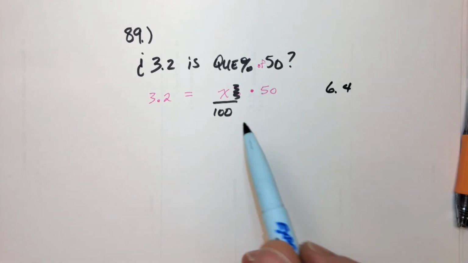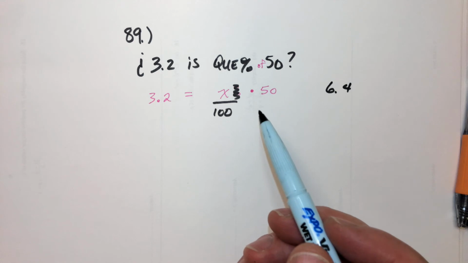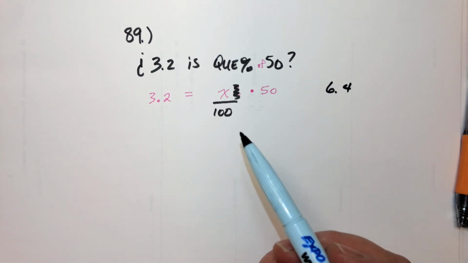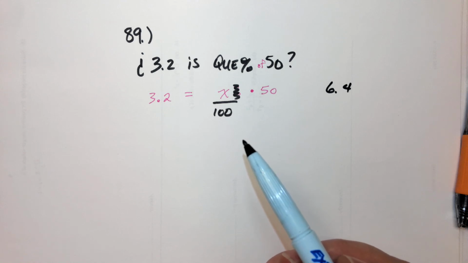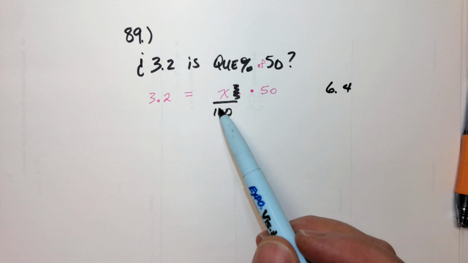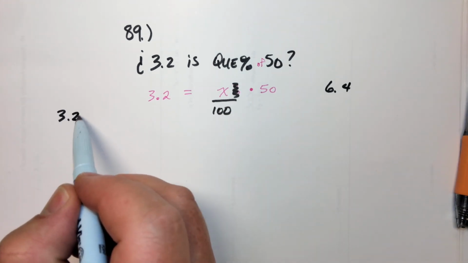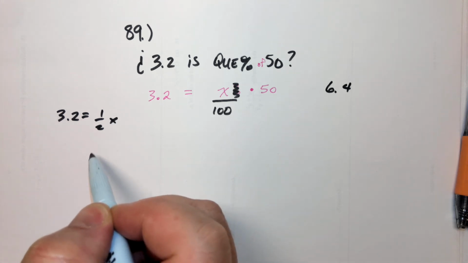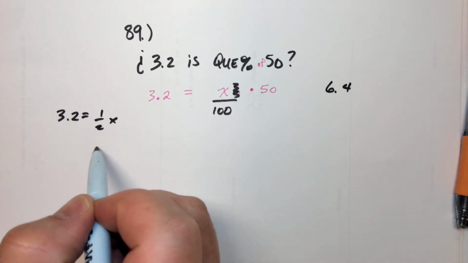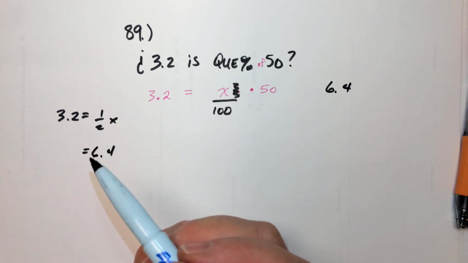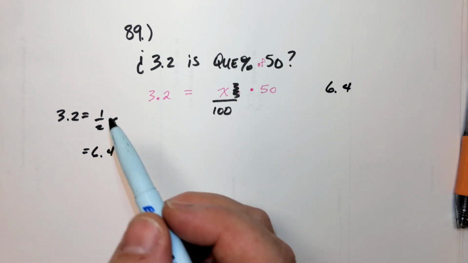If you reduce it, you get 3.2 equals 1/2 x, and half of 6.4 is 3.2. So you can do that in your head if you reduce.